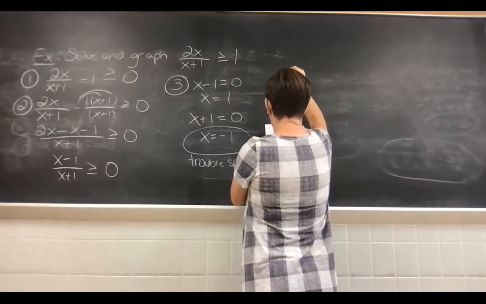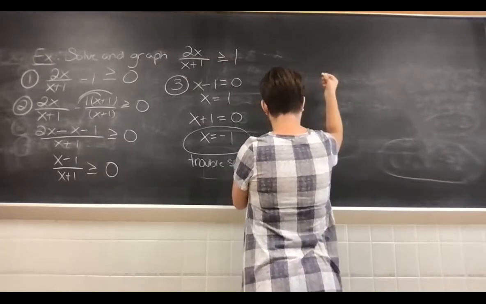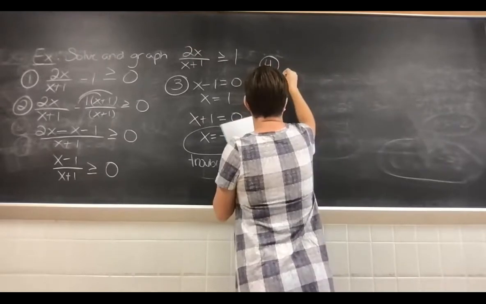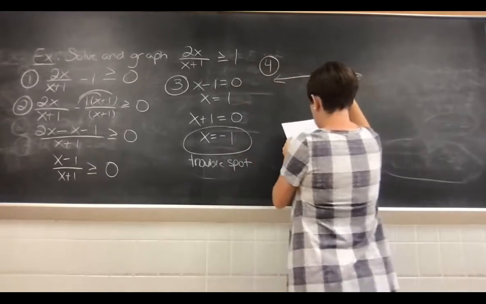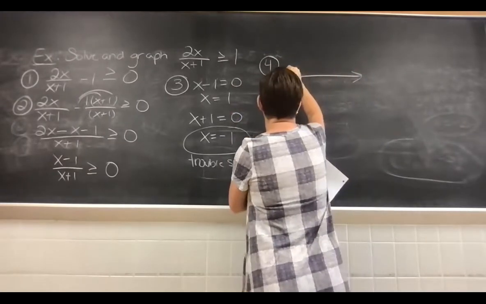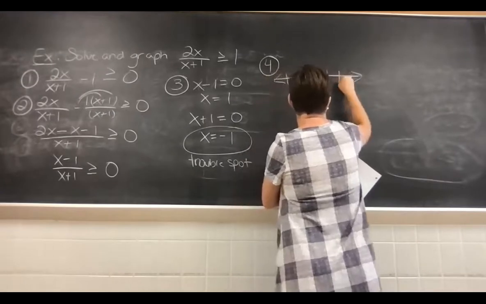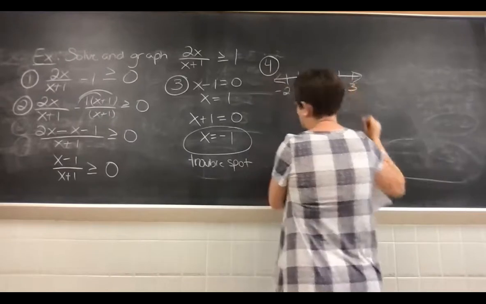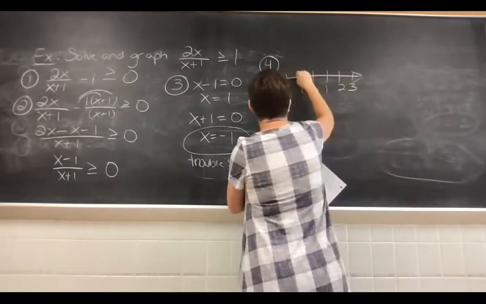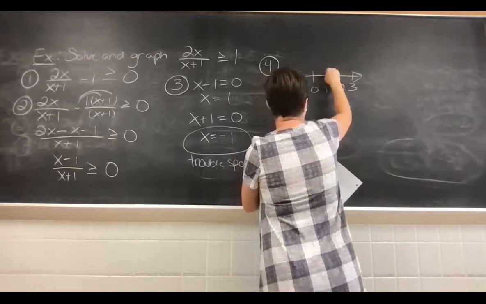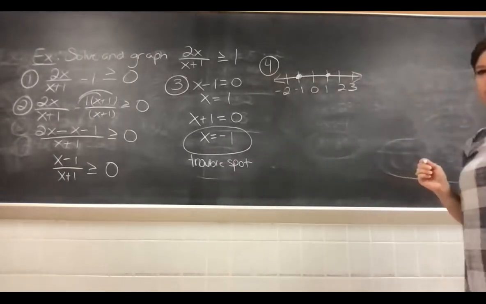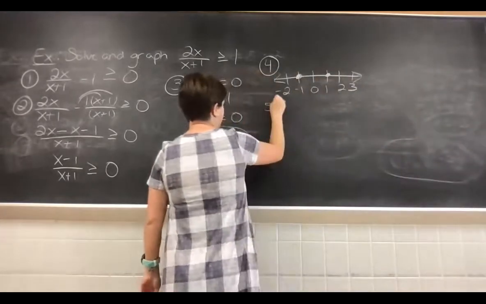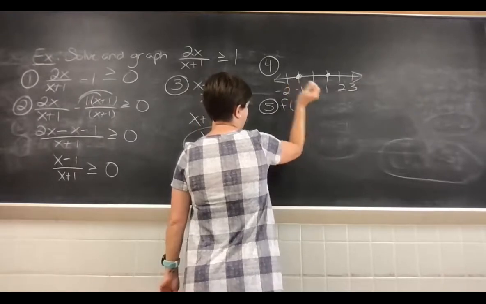Okay, step 4, or I might be off on my steps. I don't know. Next step, we're going to graph using those boundary points. I had boundary points of 1 and -1. So I'm going to go -2, -1, 0, 1, 2, 3. I had a boundary point at -1, and I had a boundary point at +1. Now I plot a point from each of the sections.